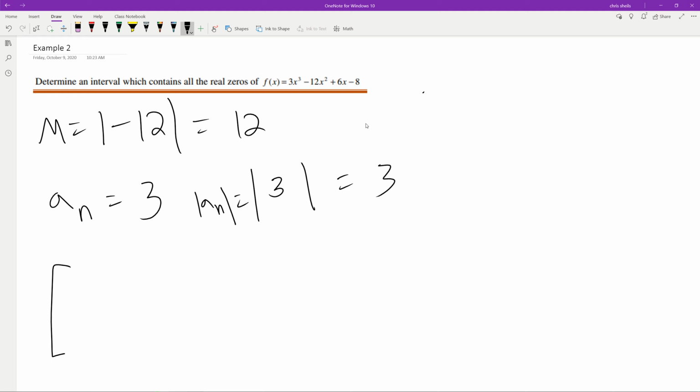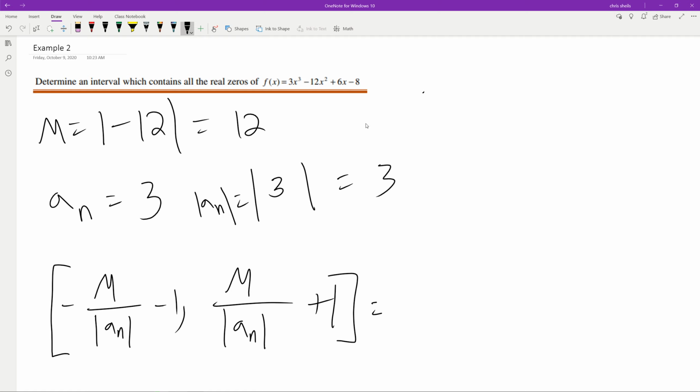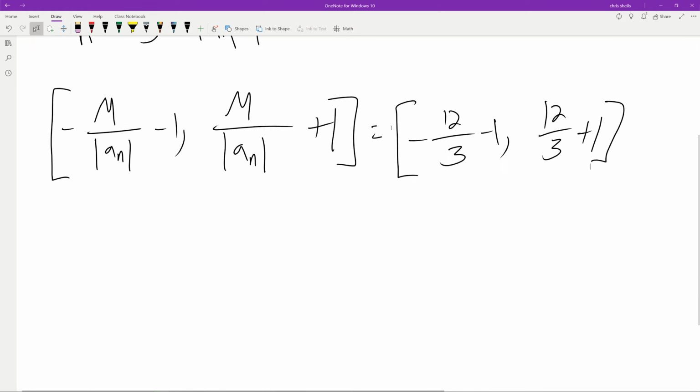So putting everything into Cauchy's bound, remember Cauchy's bound is negative m over absolute value of a sub n minus 1, m over absolute value of a sub n plus 1. This is going to be negative 12 over 3 minus 1, comma, 12 over 3 plus 1, and this is negative 4 minus 1, comma, 4 plus 1.